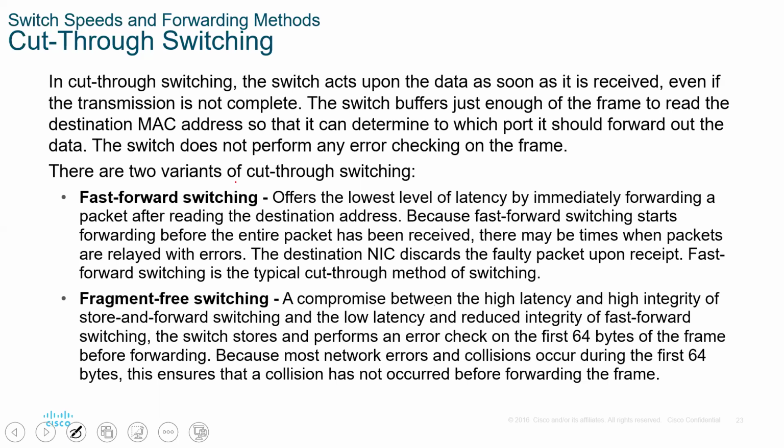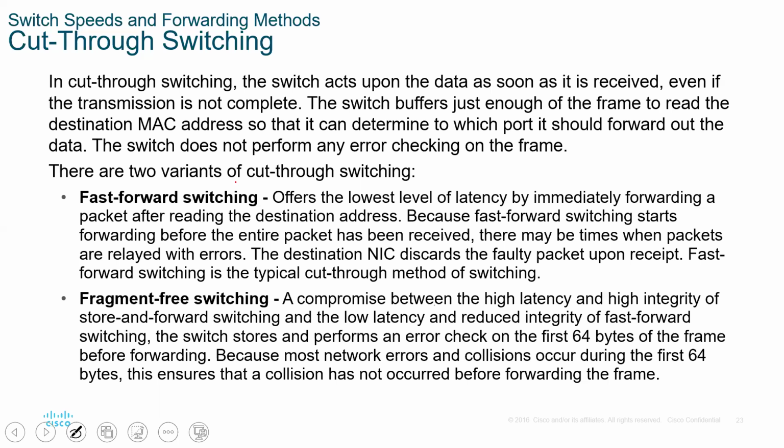Now, looking at cut-through switching, the switch will act upon the data as soon as it is received. The moment it receives it, it begins to act on it. Even if the transmission is not complete, the switch buffers just enough of the frame to read the destination MAC address so that it can determine which port to forward the data out of.